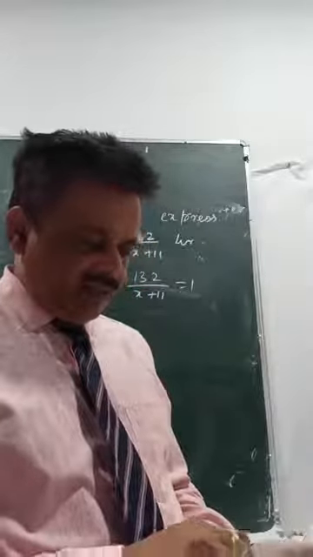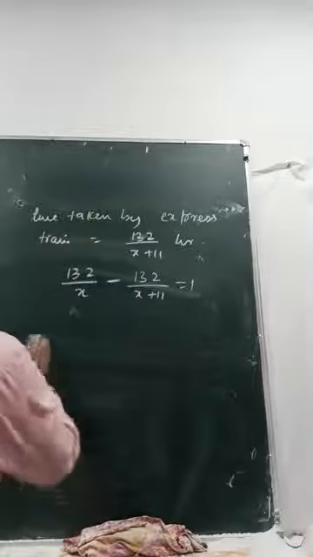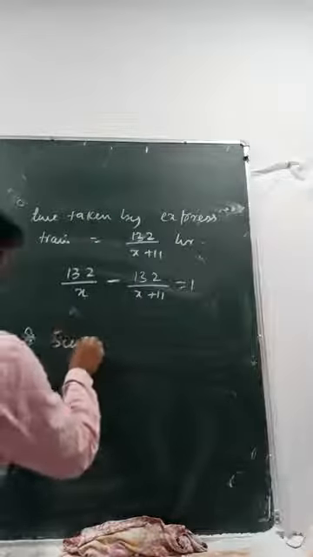The sum of the areas of two squares is 468 meter square.